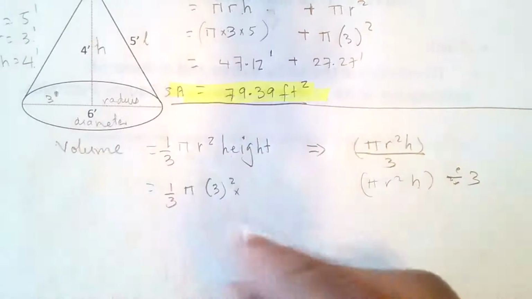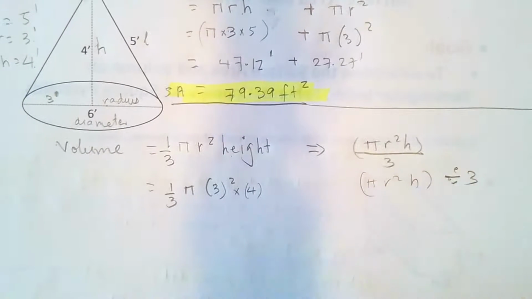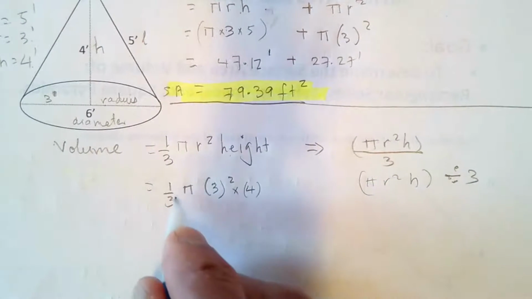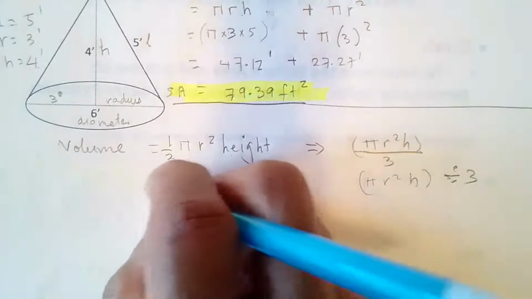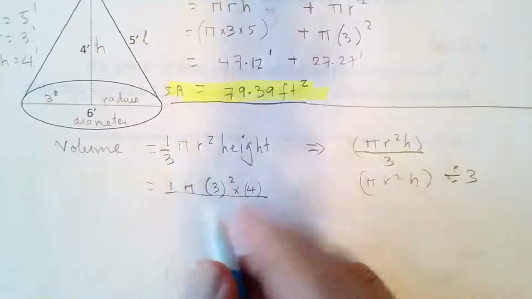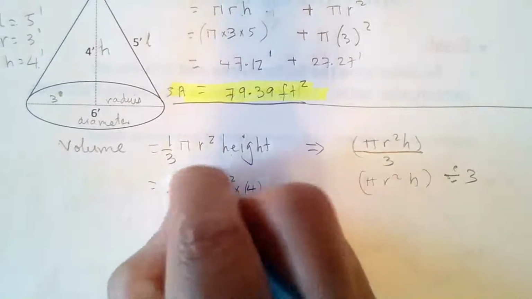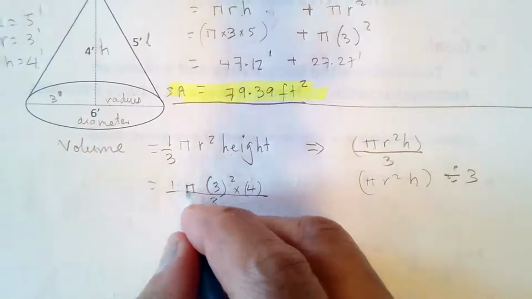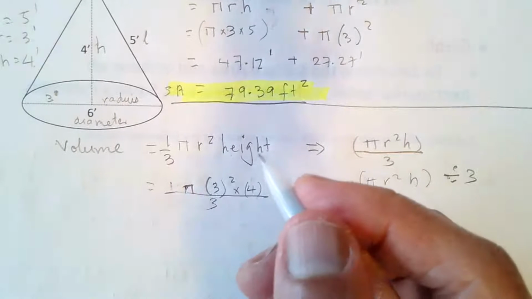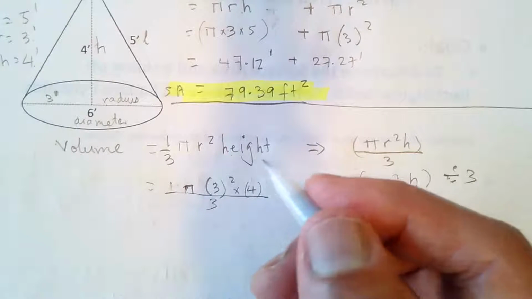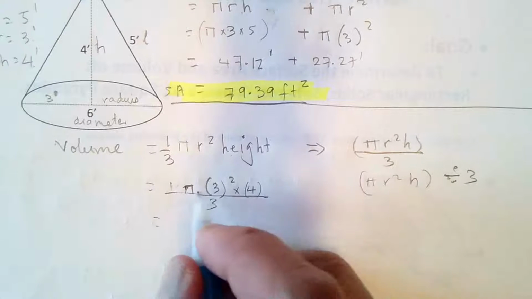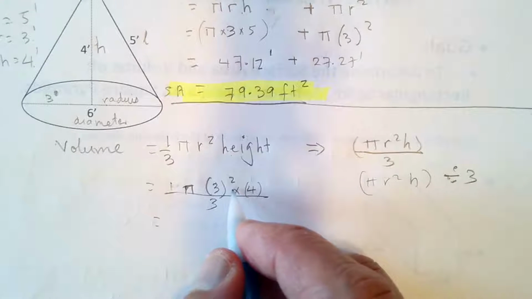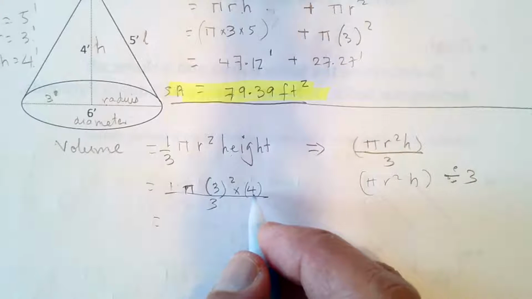And our height here is 4. To make my calculation easy, I'll just divide the whole thing by 3. Don't really need this 1 anymore because 1 times everything is whatever the value is. Now, work all these out. We end up with pi times r squared, 3 squared times 4.